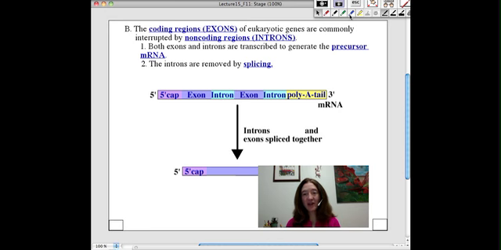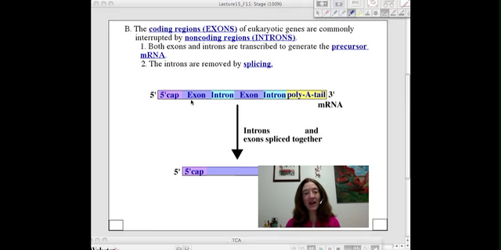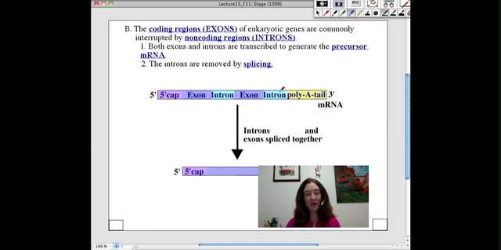So the spliceosome is a larger complex, but inside of the spliceosome is one of my very favorite things called SNRPs. SNRPs stand for small nuclear ribonucleoproteins.